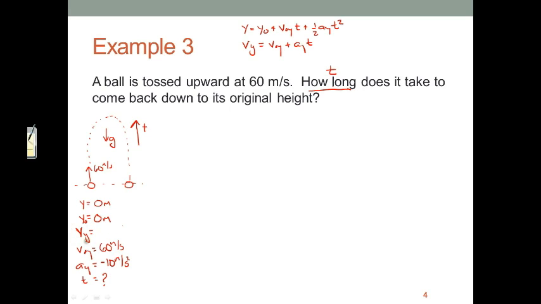I don't know Vy, and I don't have to know Vy necessarily for this question. Let's see if we can do it without Vy. Let's look at the top equation. I know y, I know y naught, I know v naught y, and I know the acceleration. So this equation has everything in it except t. Let's see if it'll work for us.